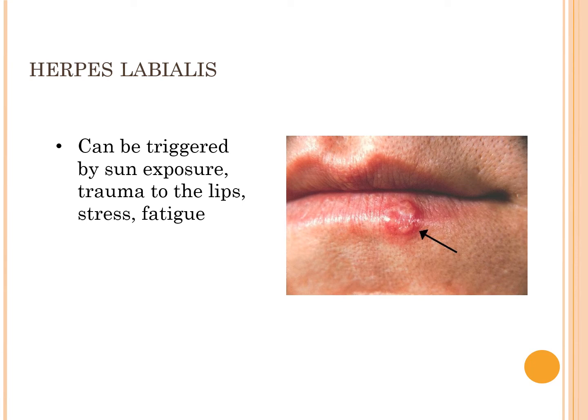Herpes labialis can be triggered by sun exposure, trauma to the lips, stress, or fatigue, or any other reason by which a patient might become immunodeficient. These lesions, being a recurrence, heal much faster, and they tend to heal spontaneously in 4 to 7 days.